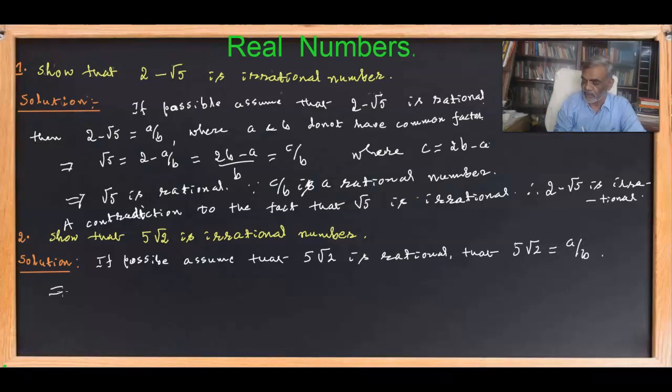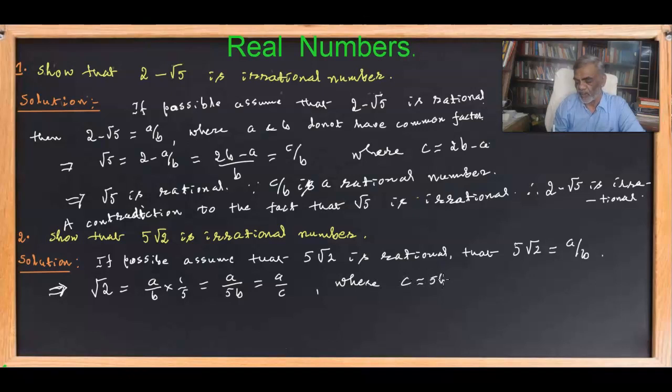That implies root 2 is equal to a by b into 1 by 5, that is a by 5b, and that is a by c, where c is equal to 5b.